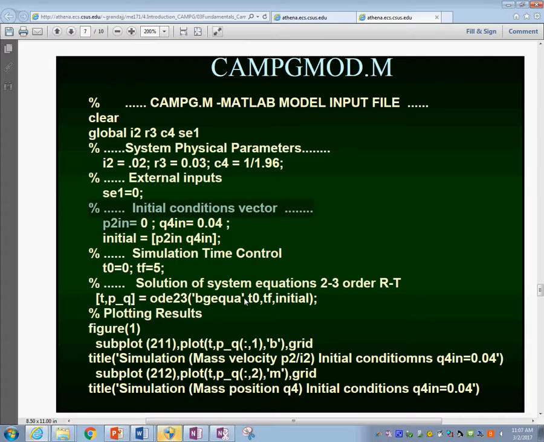And then you have the solution of the equations, where this statement here calls the solver of the differential equations. And then of course a matter of plotting what you see.